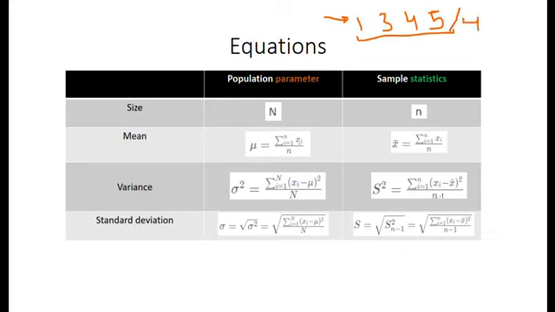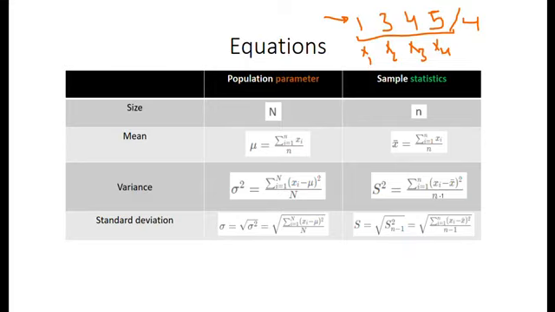Keeping in mind that xi represents each observation from 1 all the way to n, right? So this is x1, this is x2, this is x3, and this is x4. So we will take the sum of xi, where i starts from 1 and terminates at n.